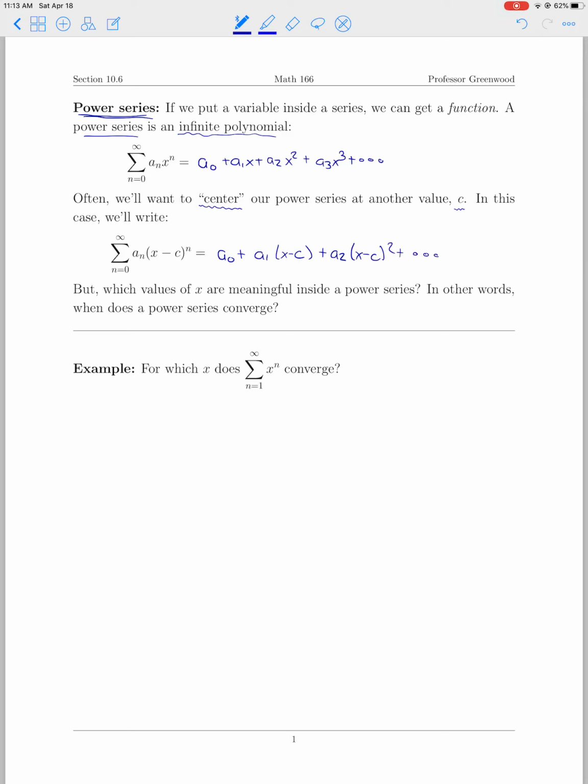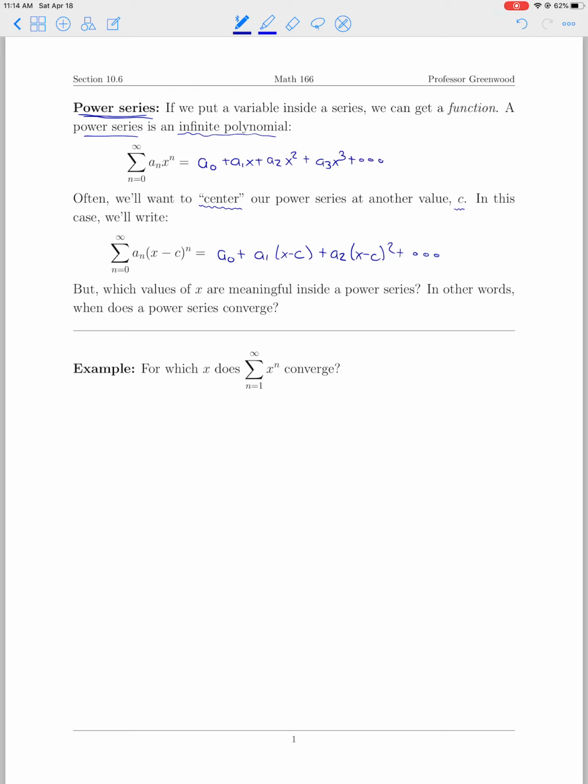And so it looks exactly the same otherwise. And so this phrasing of centering it should maybe remind you of when you talked about linearizations in Calc 1, and you would find a linearization of a function at a point or centered at a point. That's the same sort of terminology as here.